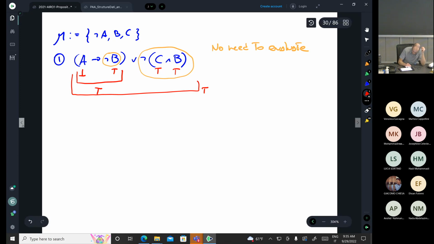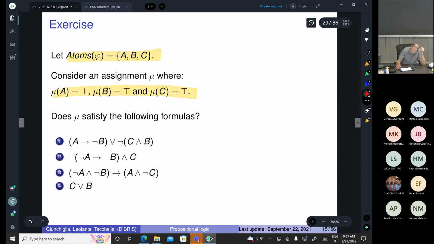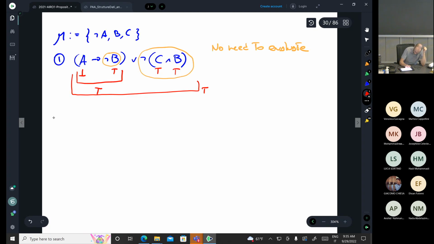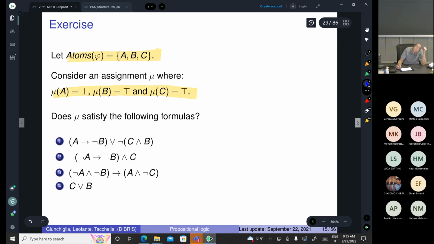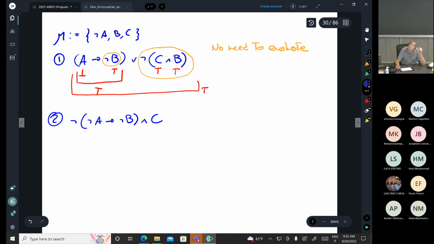Let's check formula number 2. Not A implies not B and C. Okay, again, A is false, B is true, C is true.